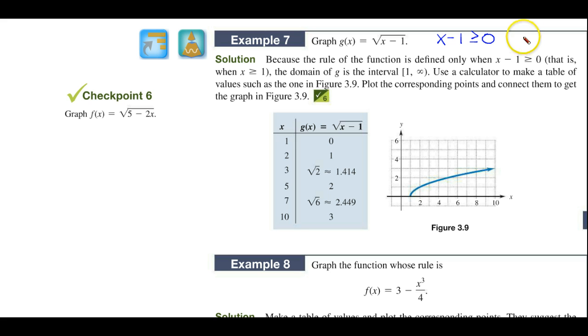So when we solve this, we get x is greater than or equal to 1. So our domain for this will be bracket 1 comma positive infinity.